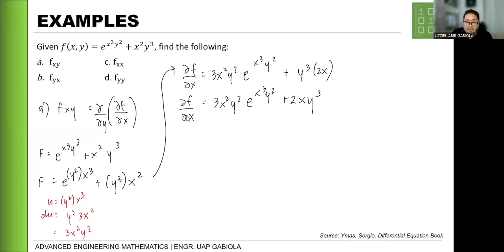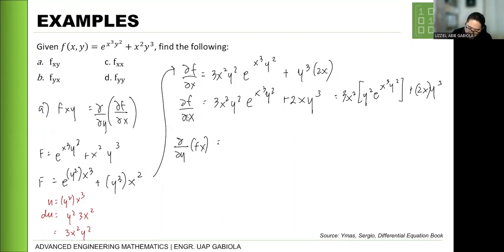Kapag pa-partial natin siya in terms ni y, okay, so i-rewrite ko na muna itong natin as si y naman yung magiging variable natin. So pwedeng gawin natin 3x squared, pinactor out natin, okay, plus 2xy cubed. Okay, lagyan natin ito ng parenthesis to indicate na magiging coefficient siya, no?